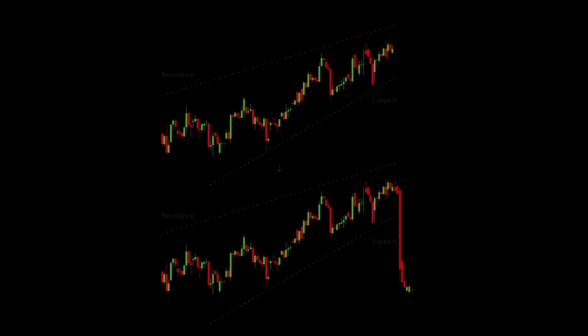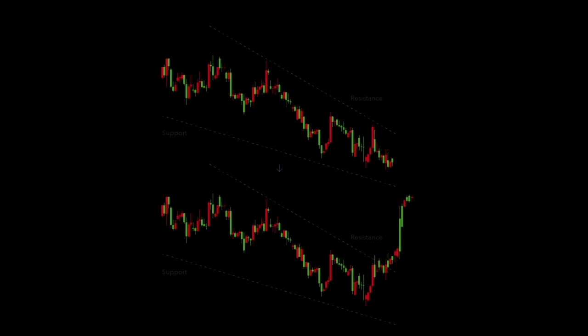Now the falling wedge, let me bring that up. This is a falling wedge, so it's going to be the opposite of the rising wedge. It's going to be a downward momentum movement, and this could take place over minutes, hours, days. We'll go over the trends.